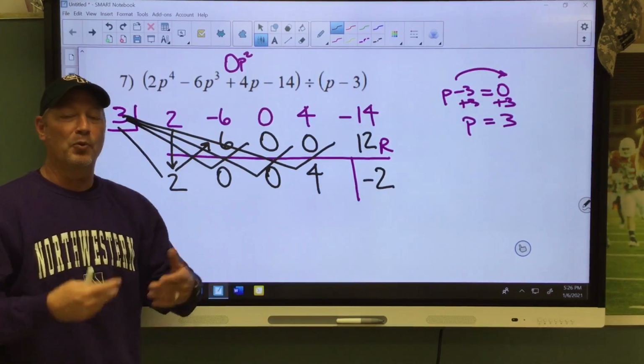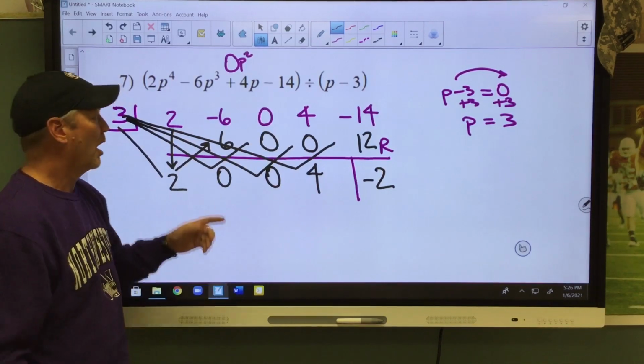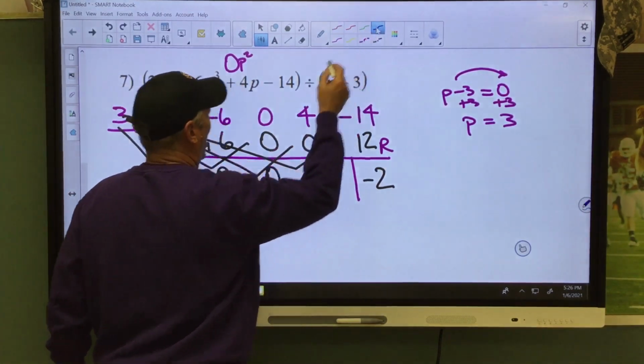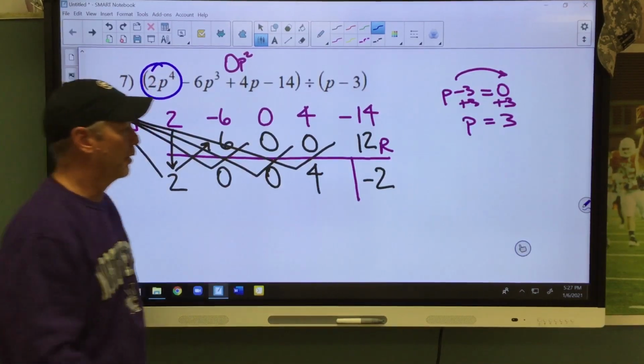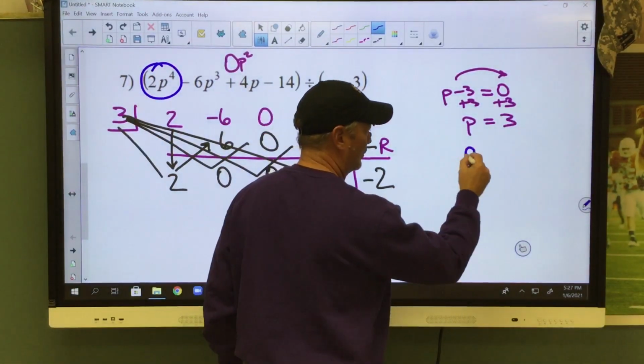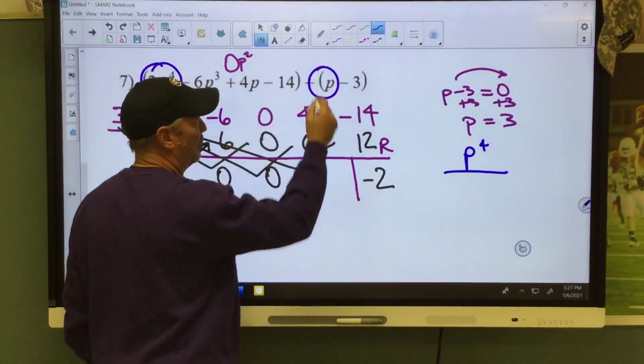Now we have to determine where to put the variables and what exponent to use for the variables. Our original problem was what? We started out with p to the 4th. And then we divided by p to the 1st.